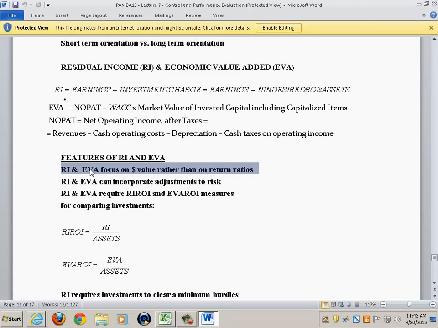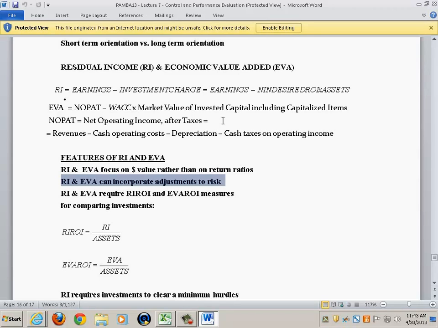So they're not ratio measures, they're dollar value measures, which are the difference between earnings and a charge to capital, minimum required earnings and capital. Both residual income and EVA can incorporate adjustments to risk. That's important.